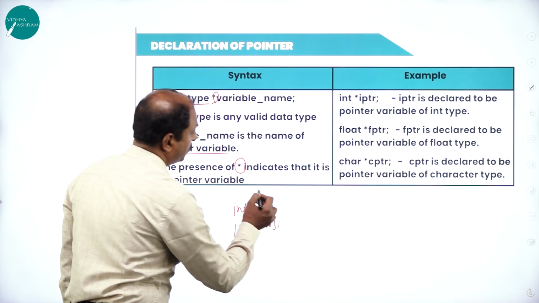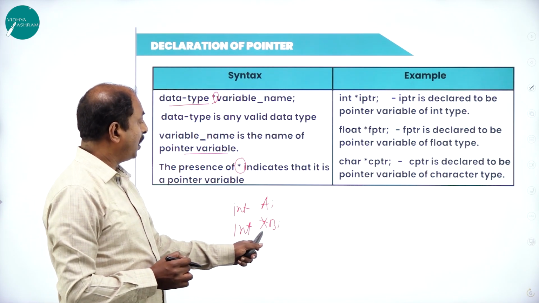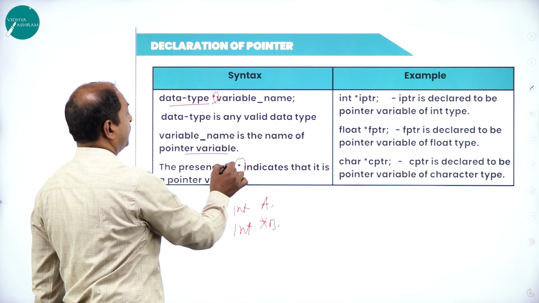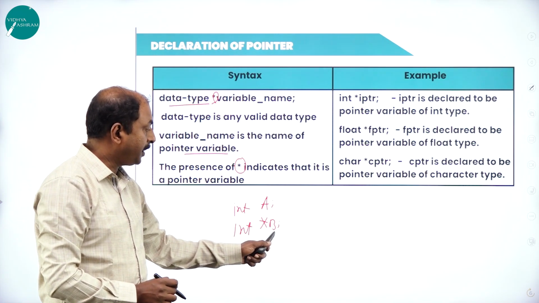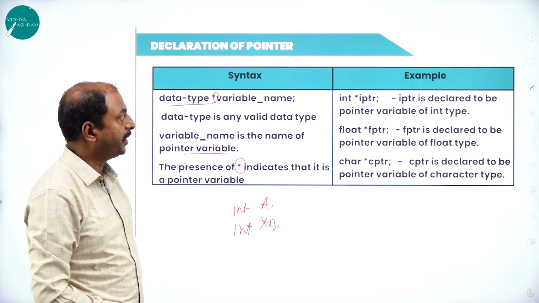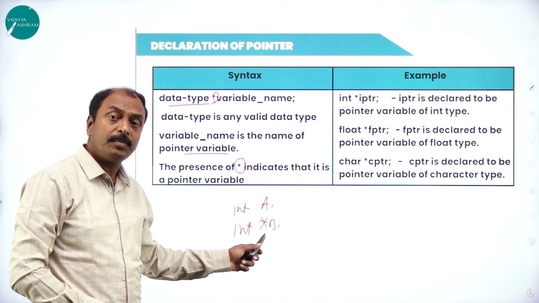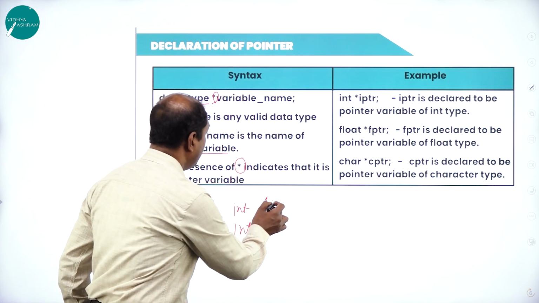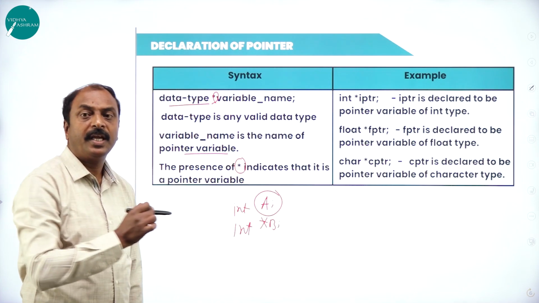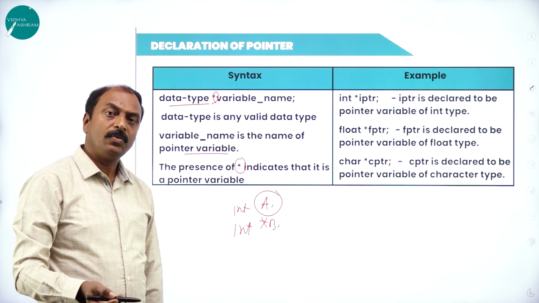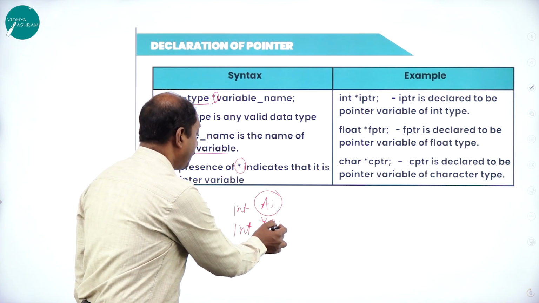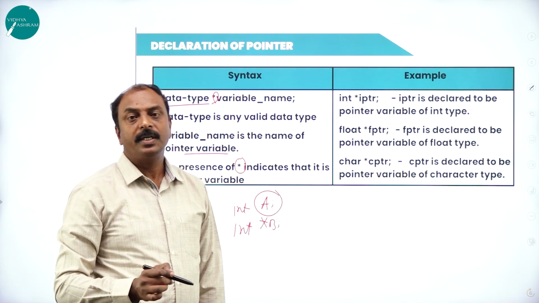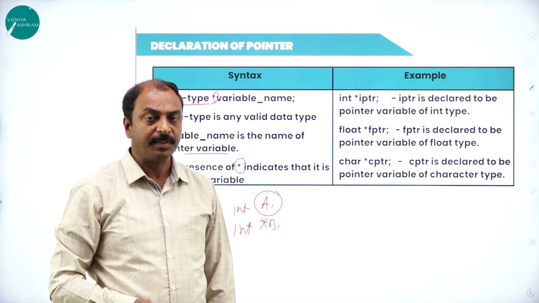This star or asterisk indicates that b is a pointer variable, so it differs from a normal variable. In this example, a is a normal variable that stores an integer constant, and b is a pointer variable that stores the address of some other variable.